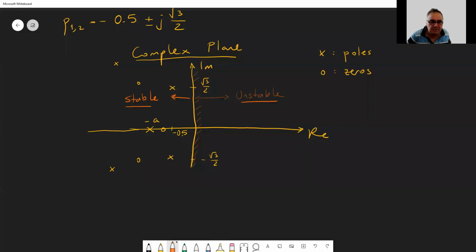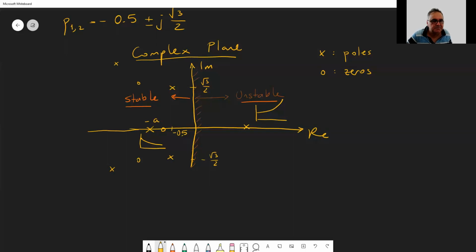For example, if you have a pole here, the response you will get on the time response will be an exponential growth. Whereas if you have a pole here, the response of that pole is going to be an exponential decay.